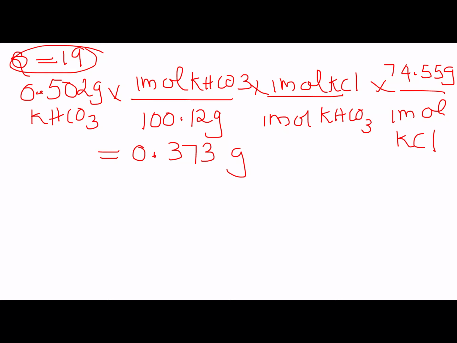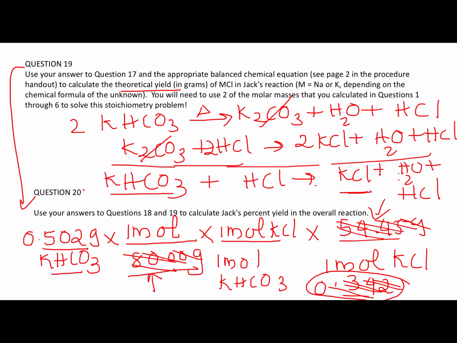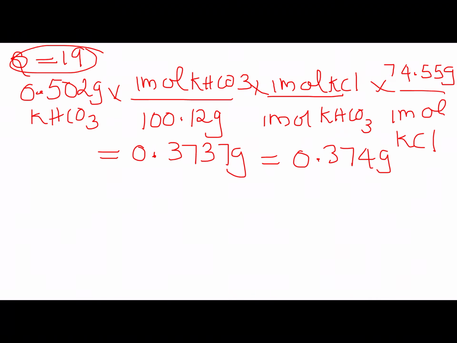Okay, and then we need to find out what is the percent yield. How do you find out the percent yield? Percent yield is actual yield over theoretical yield. I got 0.3737. When you round it, it would be 0.374 grams. And then question 20 would be, use your answers to 18 and 19 to calculate the percent yield.